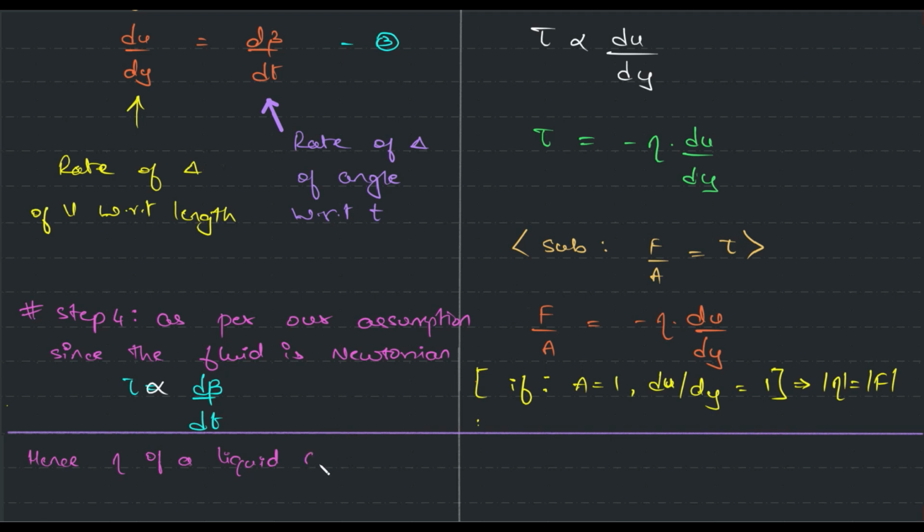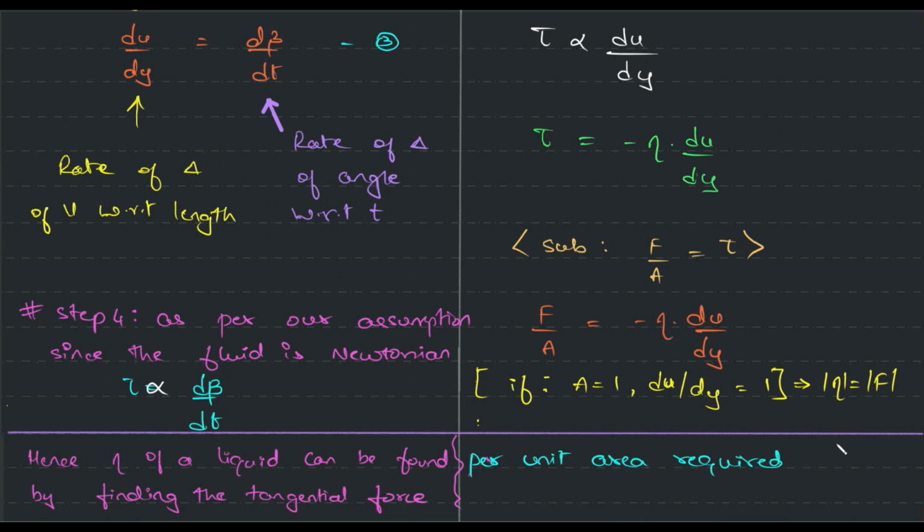So viscosity can be found by finding the tangential force per unit area required to maintain a unit velocity gradient between two fluid layers.